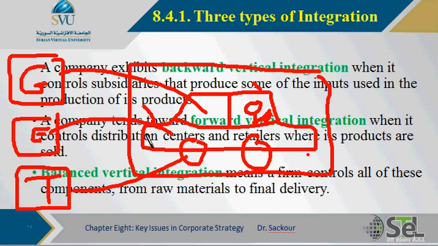In this case, we don't need any more suppliers. We provide ourselves with the main inputs. This is backward integration, when we acquire and buy our suppliers.